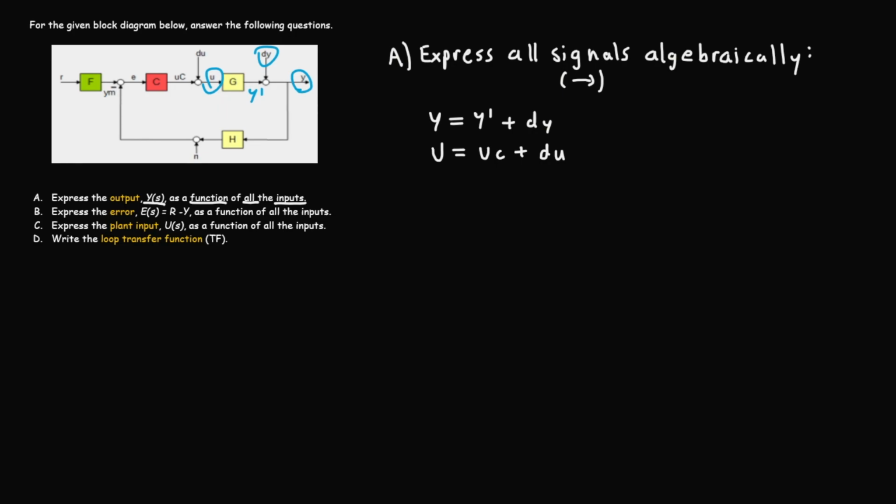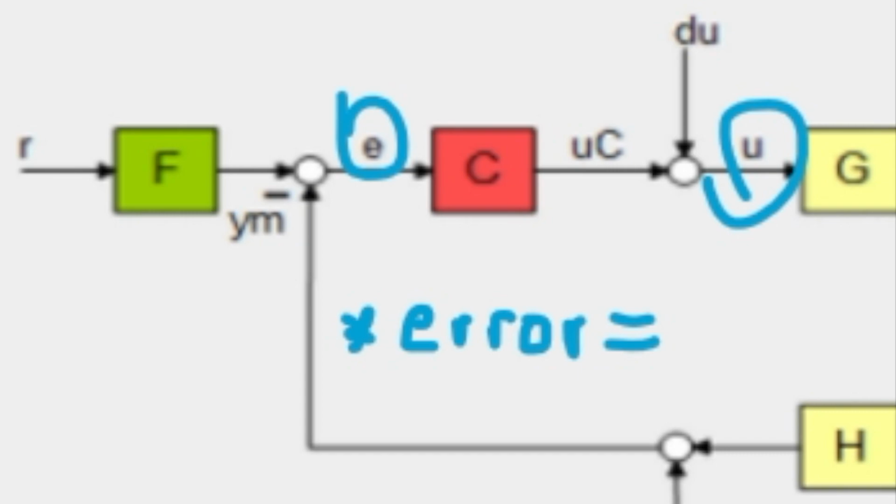And now let's go ahead and try the next signal, which in this case is E. Here E essentially represents the error in the system. And well, from control theory, we know that this error E is equal to the input R minus the output Y. But in this case here, we have a signal coming out of the pre-filter F, and so I'm going to call this signal RF.